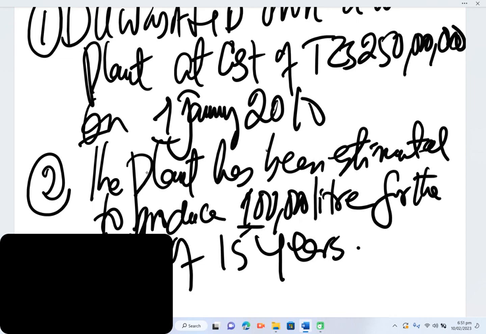Maana umeestimate kwamba mtambo huu utazalisha lita 100 milioni ndani ya maisha ya miaka 15.